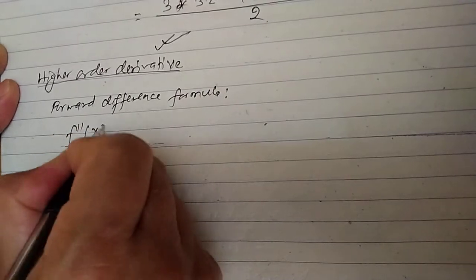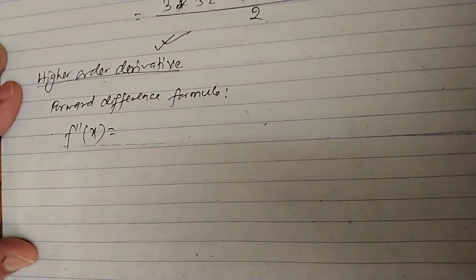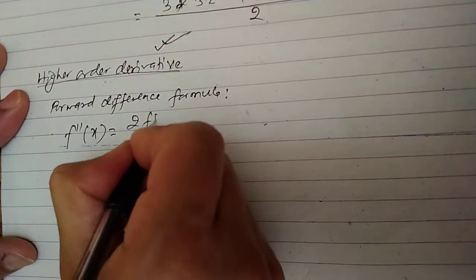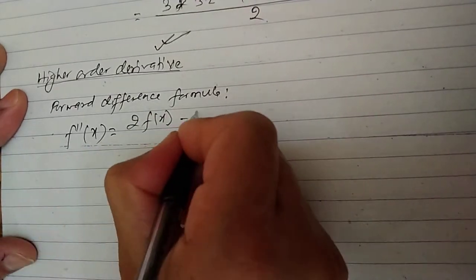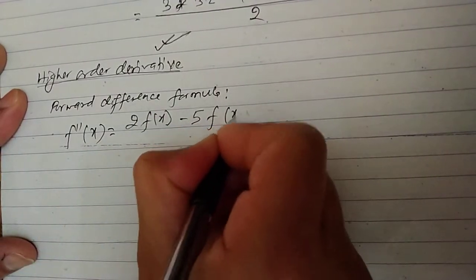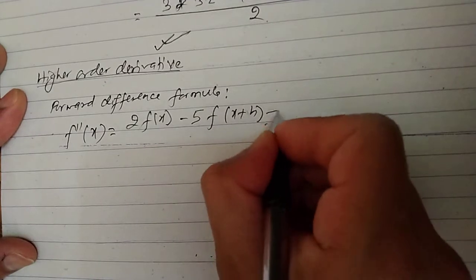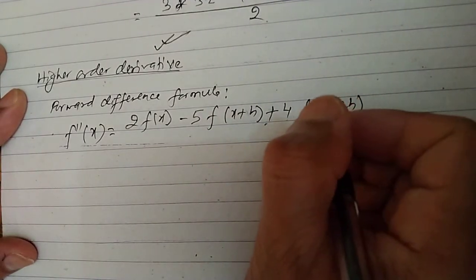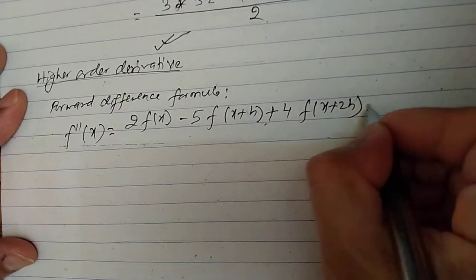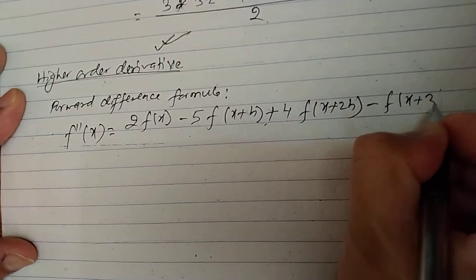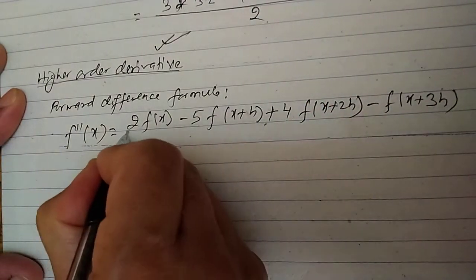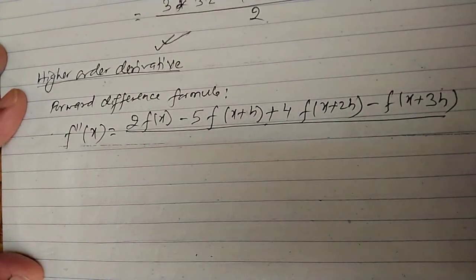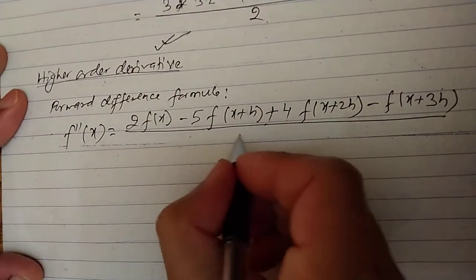f double dash x, we will calculate up to second order derivative only, so that will be equals to 2fx minus 5 into fx plus h plus 4 into fx plus 2h minus fx plus 3h whole upon h square.